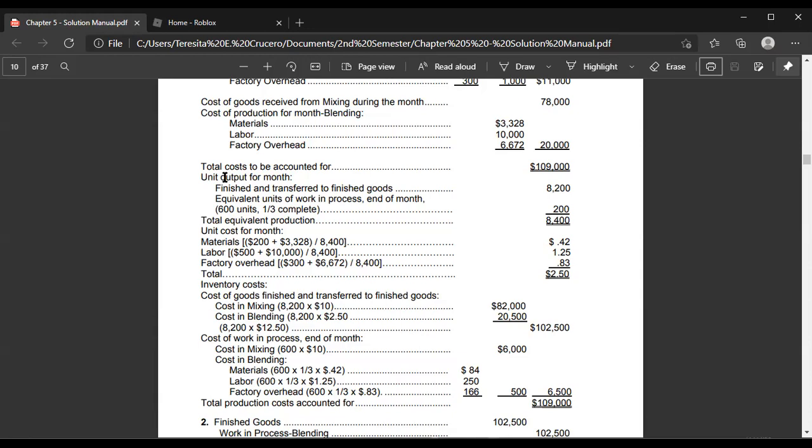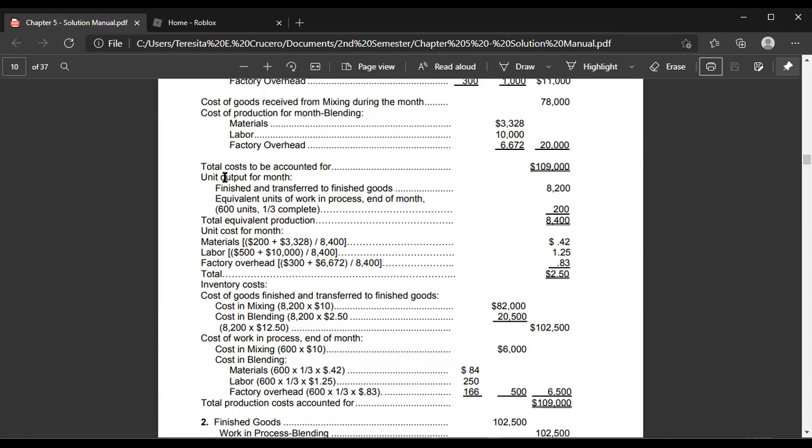So you now get the total production cost of 109,000. The total production cost accounted for should tally with the total cost to be accounted for.